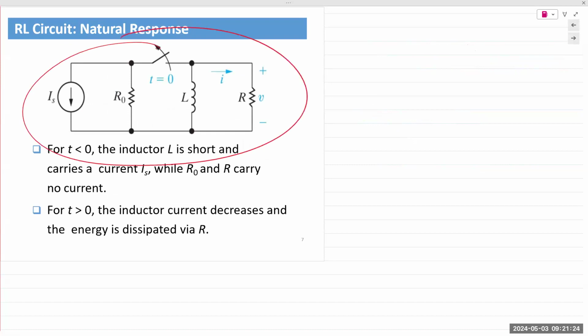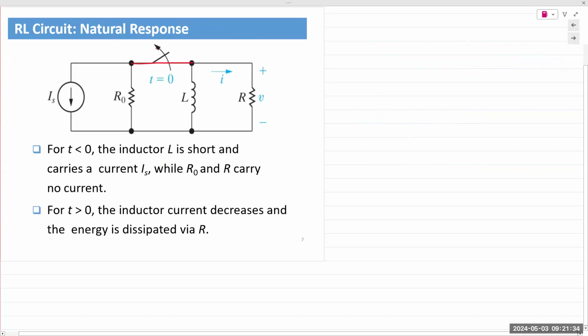So in the setup of this circuit, you have a current source. That current source is supplying energy, right? Before time t equals 0. So the way to read this is you look at the time. So it says time t equals some value. And prior to that, the switch was closed.